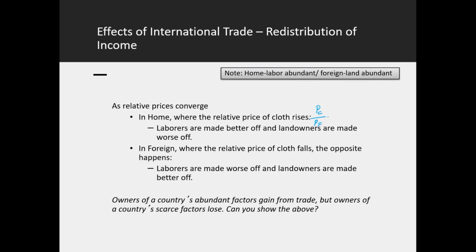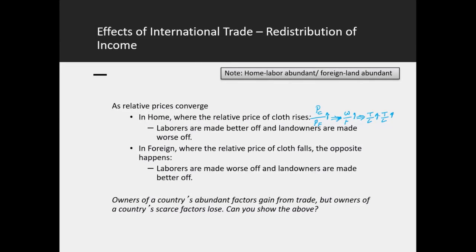So as the relative price of cloth increases, we would be able to show that the wage by rental ratios are going to increase, and that is going to lead to an increase in the K by L ratios for the two sectors.